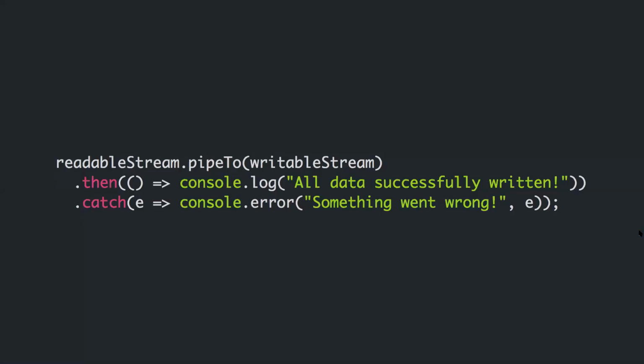WhatWG readable streams are significantly different from our own implementation in a lot of different ways. Specifically, they are built around promises as opposed to event emitters.